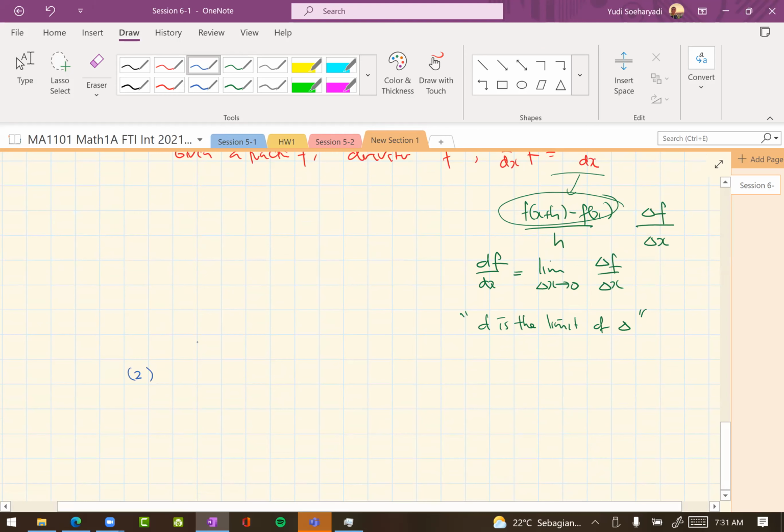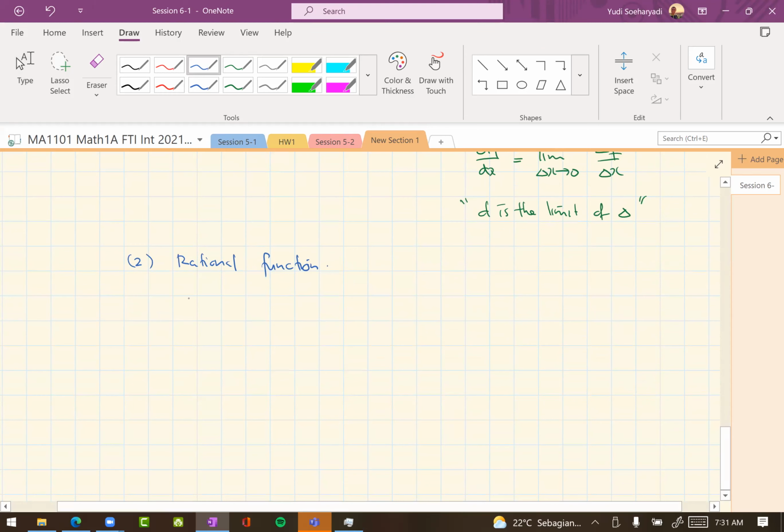Okay, for a rational function, for example, we compute this one, whenever it is defined. All right, so this is the quotient rule.